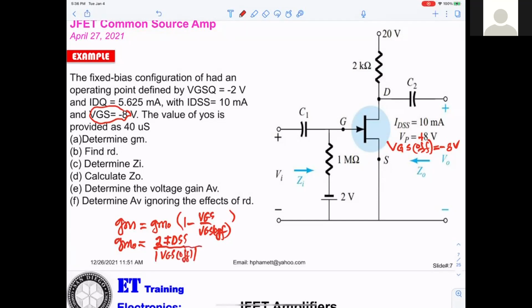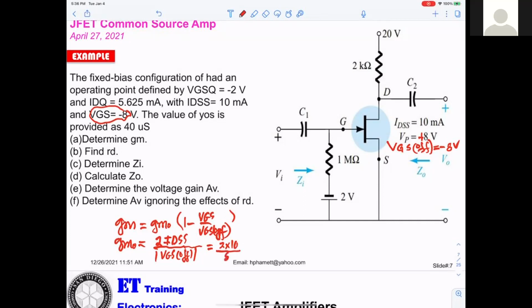I tried to do this, but I think I got some of my calculations wrong. Now let's calculate the GM0 first. 2 times IDSS means 2 times 10 milliamps, right? Divided by minus 8, which will be 8, right?